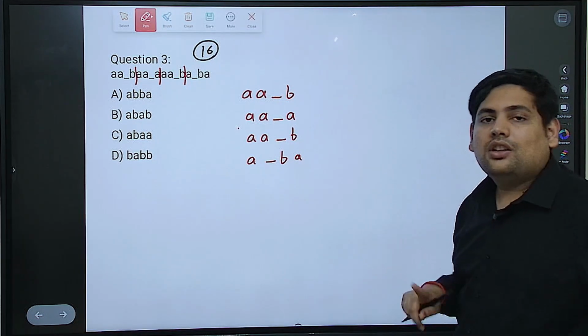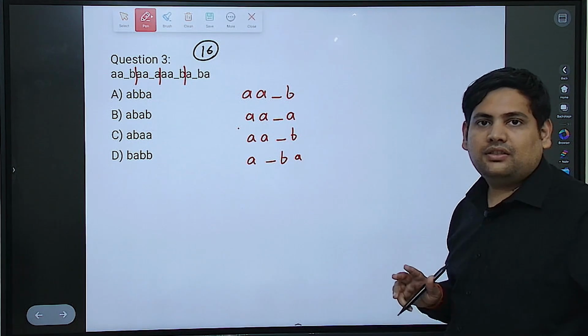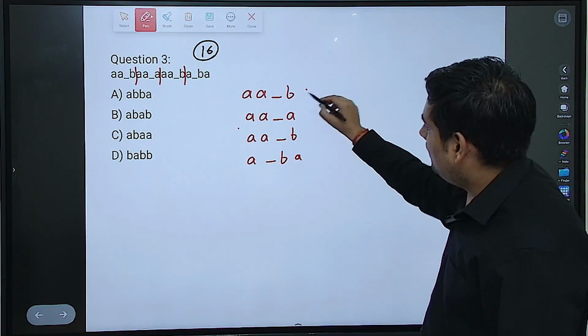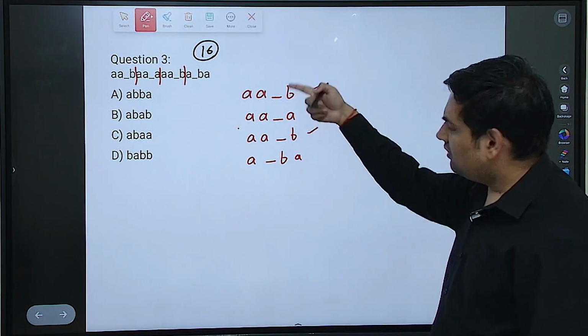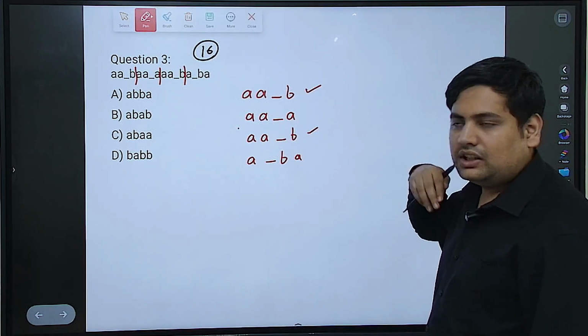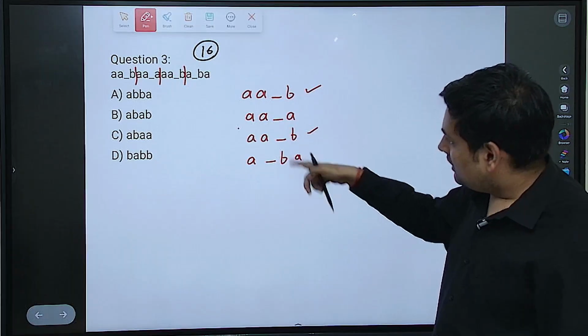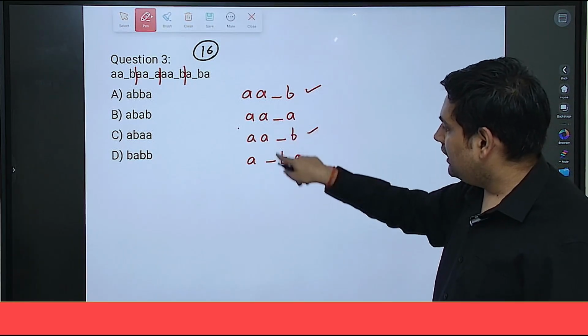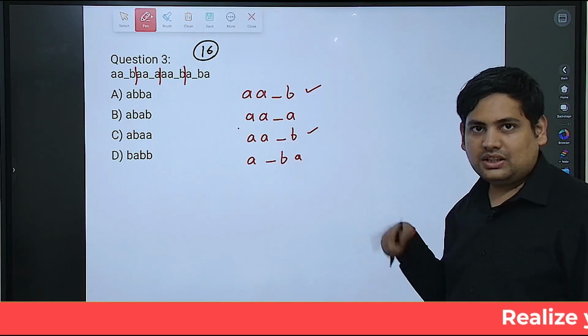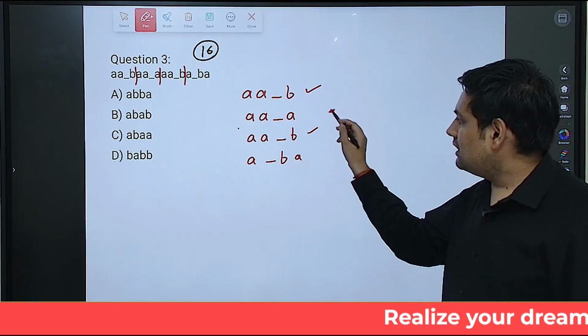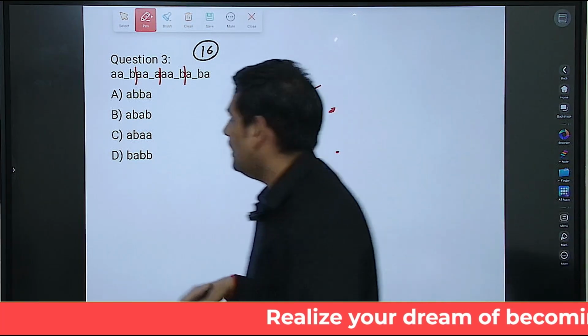Next thing is, you try to make alternative groups the same. So let's try to make this and this the same. Can this be made the same? Yes, two blanks are there. We can fill them with anything. Now here, can this and this be made the same? Yes, because here you have a blank and here you have a blank. So these can be made the same, and this and this can also be made the same.